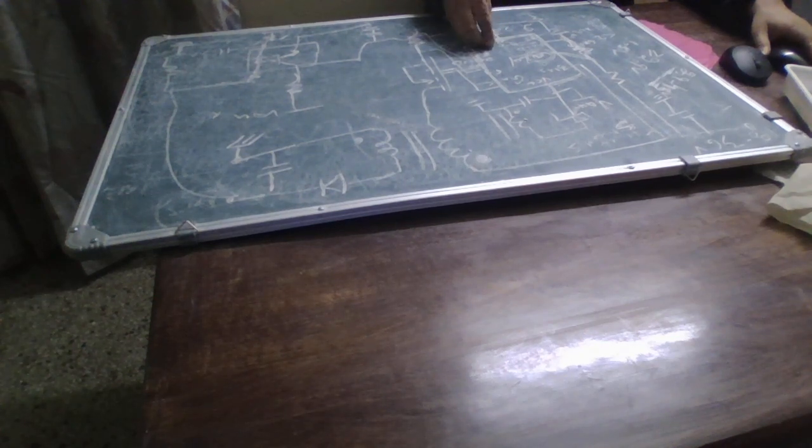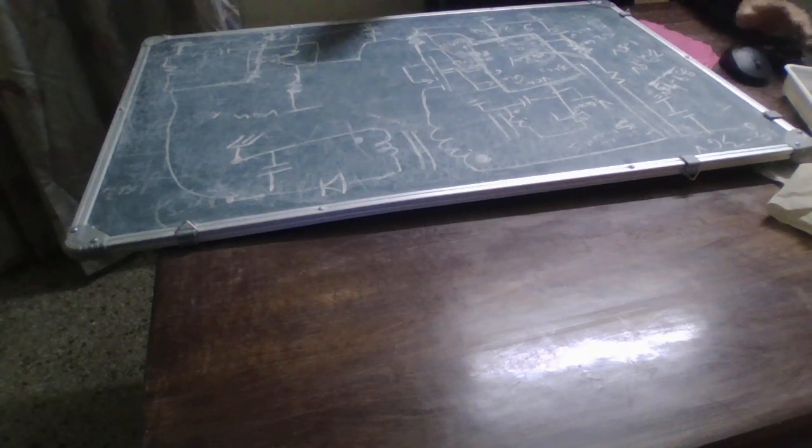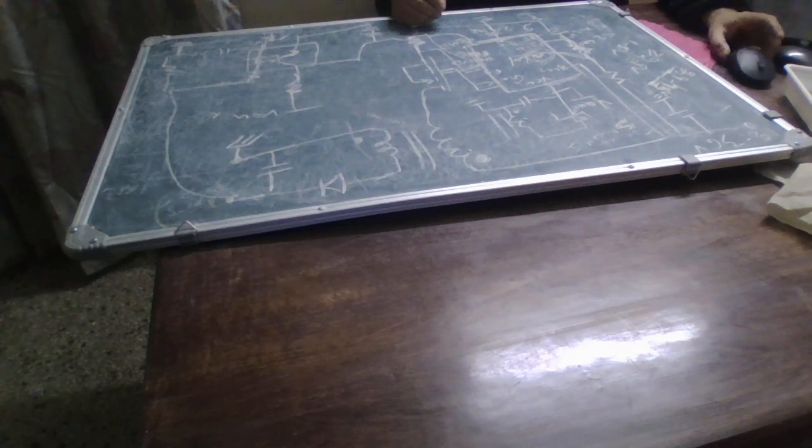If we have to see the functional block diagram of this IC, because I do not want to erase the circuit, I will go to the internal functional diagram after erasing this. But before, let me complete the circuit.